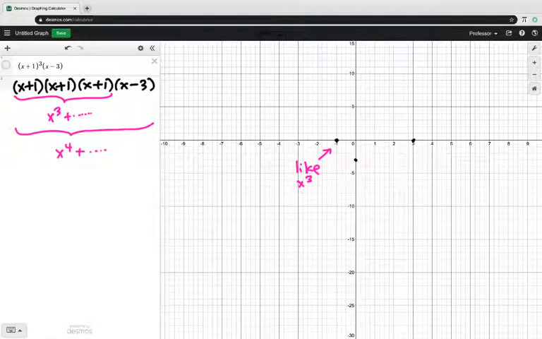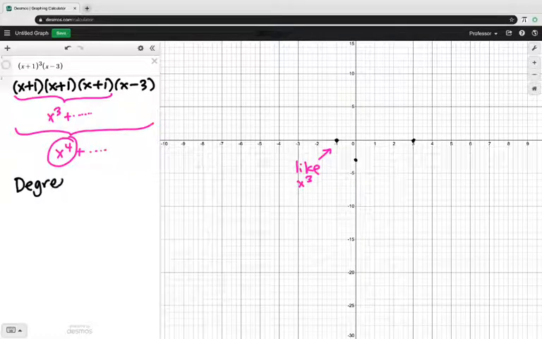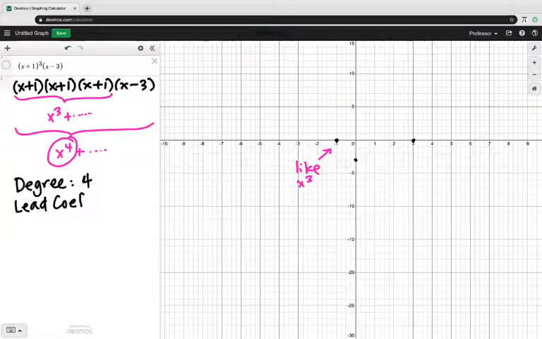Okay, but we're only really interested in that leading term that tells me that this is a degree 4 polynomial, and that the leading coefficient is going to be positive. Okay, we don't even care positive what, but look at those x's. None of them have a negative sign on it that's going to make that x to the 4th term go negative. So this is an even degreed polynomial with a positive leading coefficient.